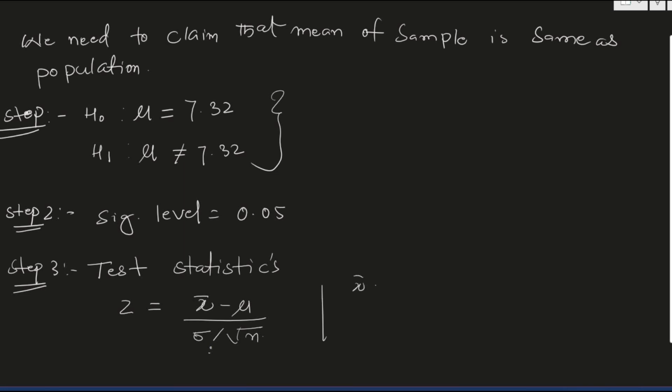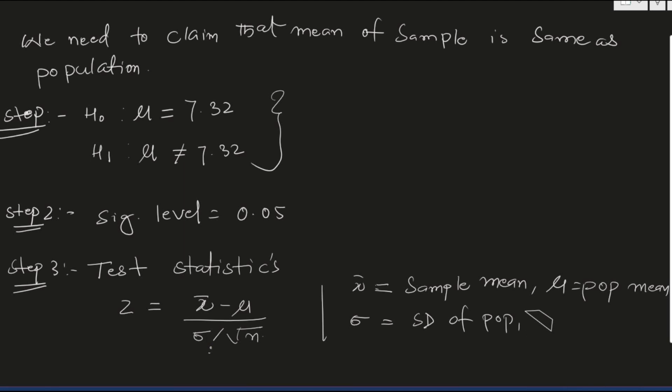In this case x bar is the sample mean, I hope you remember. Mu is the population mean, and sigma is the standard deviation of the population, and n is the sample size, right?